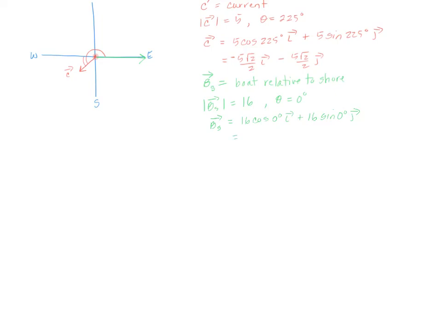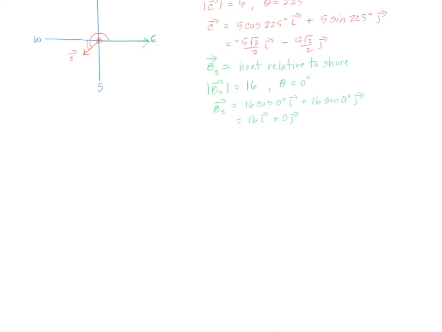Cosine of 0 is 1, so this is just 16i. And sine of 0 degrees is 0, so I don't have a j component. So I'm just going to leave this as 16i, but if you want, you could put 0 times j. And remember, you can always write this with vector brackets as 16 comma 0. That's fine too. It doesn't really matter; we all get the same thing.